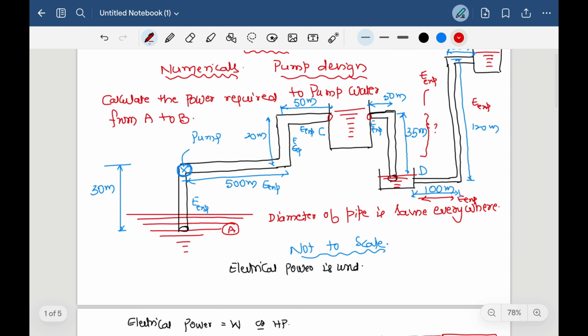At point C, from here up to 35 meters distance from C to D, it is like a waterfall in the pipeline. Water is moving, there is a bend also here. Water is moving in a closed conduit.